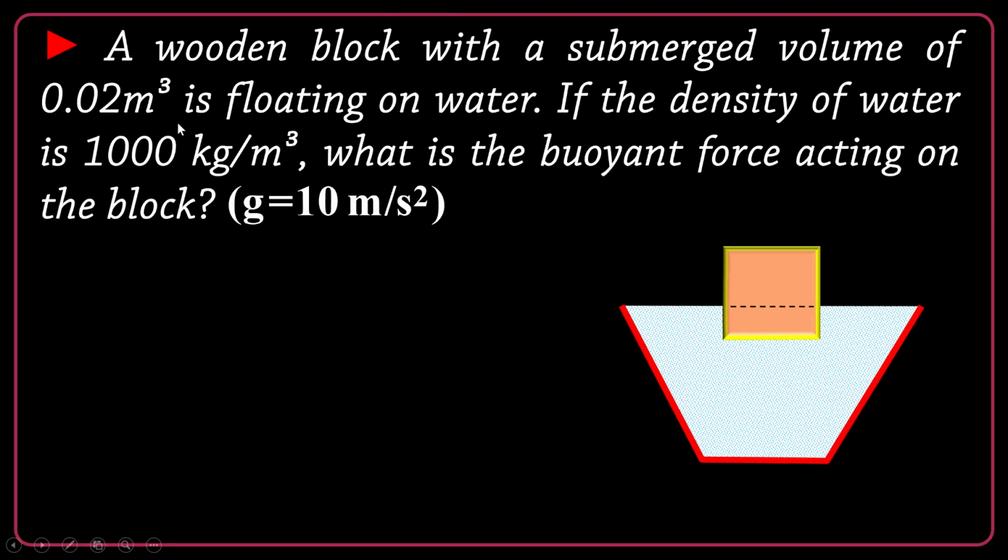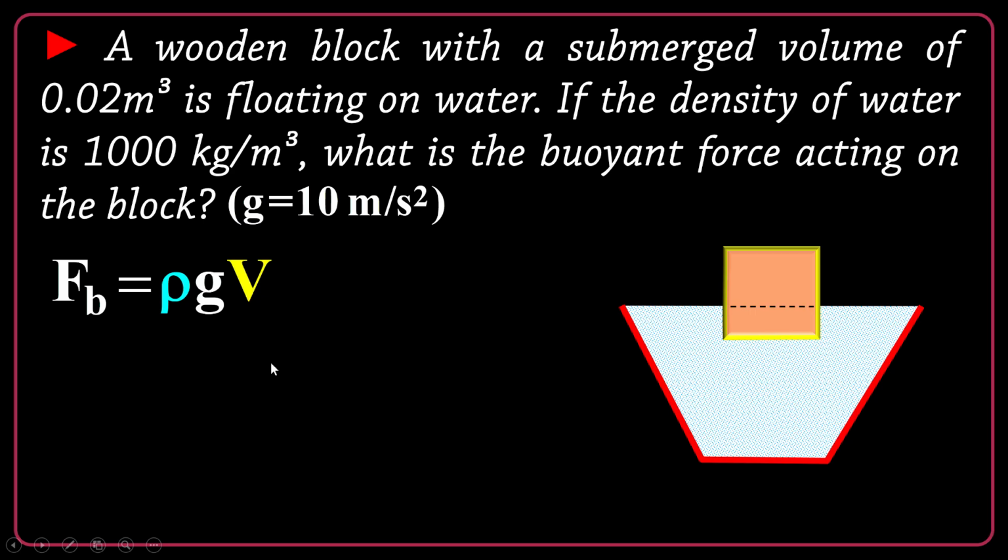Let's answer this question. A wooden block with a submerged volume of 0.02 cubic meter is floating on water. If the density of the water is given to be 1000 kilogram per cubic meter, what is the buoyant force acting on the block? G is 10. Okay, the buoyant force acting on the block is supposed to be equal to the weight of the displaced liquid.